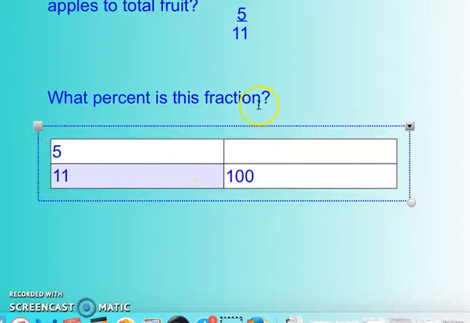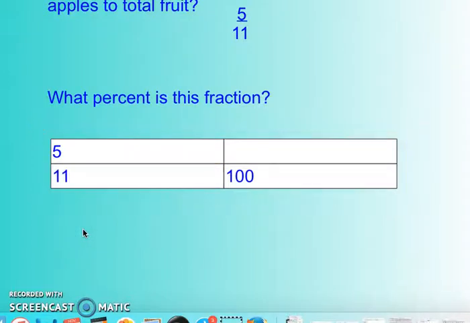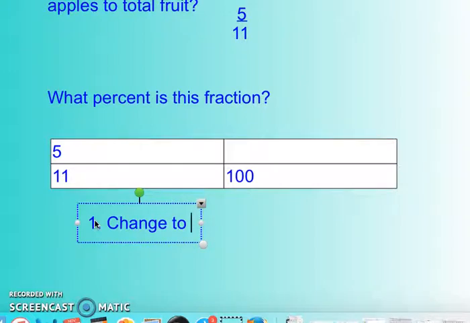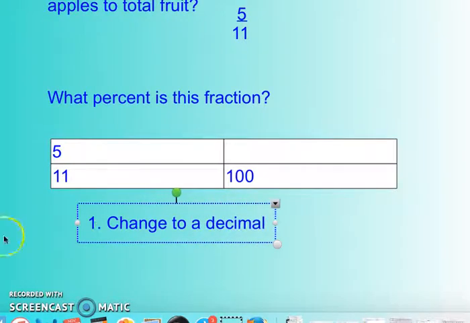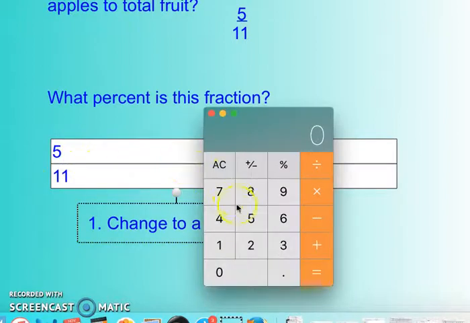Now, if I want to know what percent that is, what steps do we take? Yes, the first step is change to a decimal. If I take 5 divided by 11, because remember this line means division, I get a repeating decimal, 0.45 repeating.